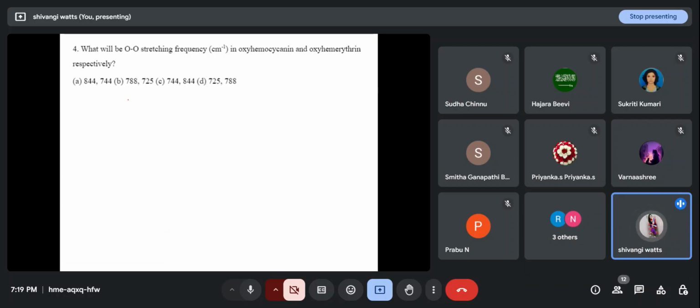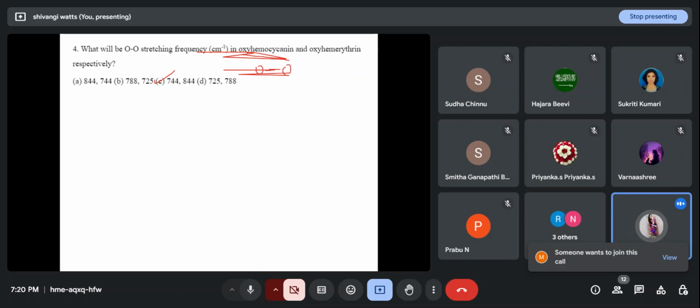I think according to this, it will be option C, 744 and 844, because in oxyhemocyanin it will exist as O-O single bond, peroxide.